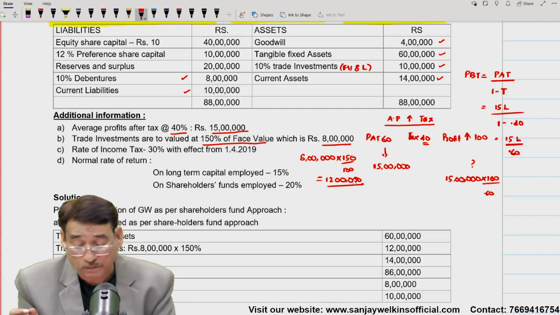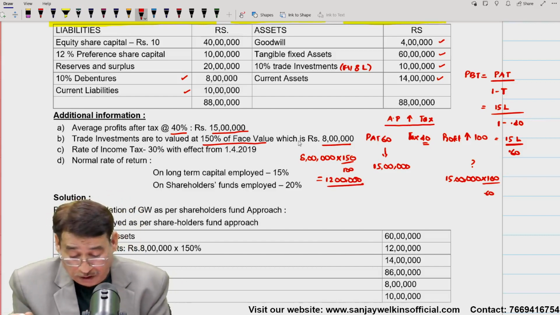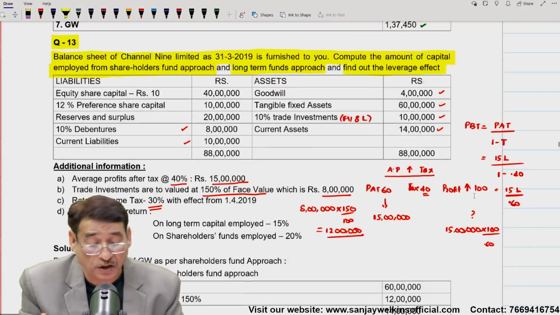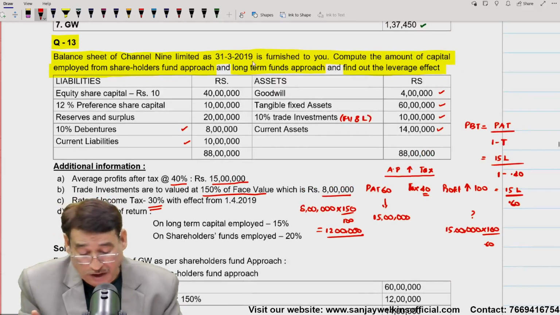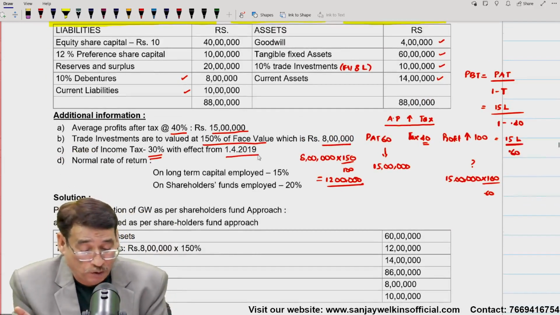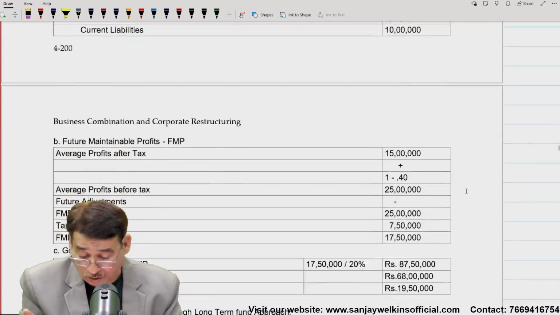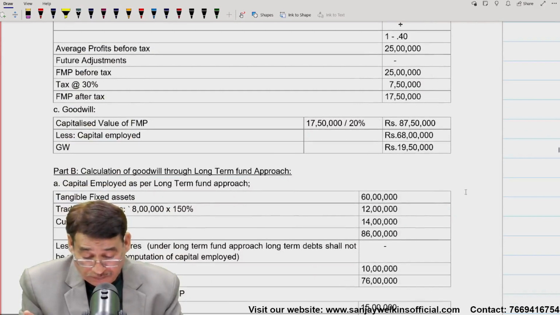Is it clear? Further, it is given in the question, rate of tax in future will be 30%, because our balance sheet date is 31/3/2019, and from 1/4/2019 the question says that the tax rate will be this much. Is it clear to you or not? Right, sir.